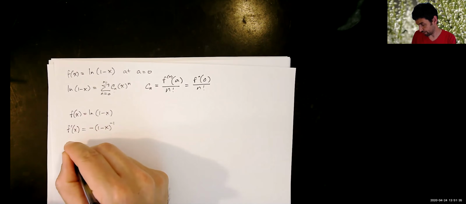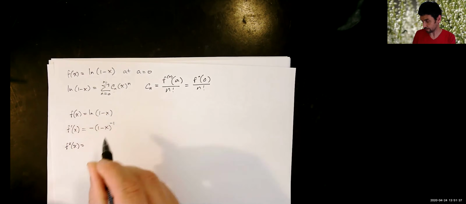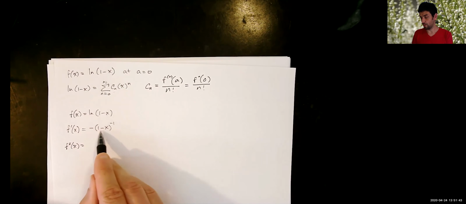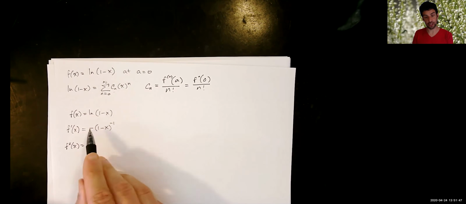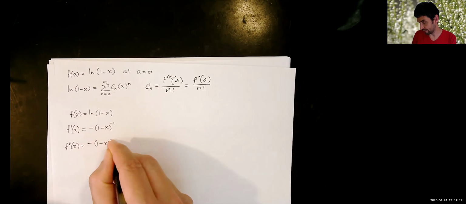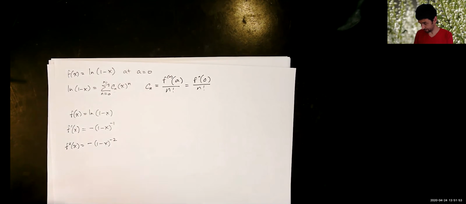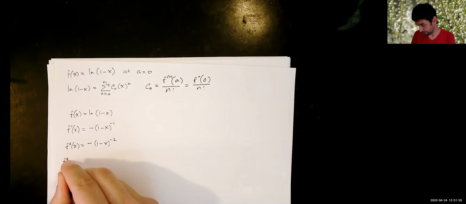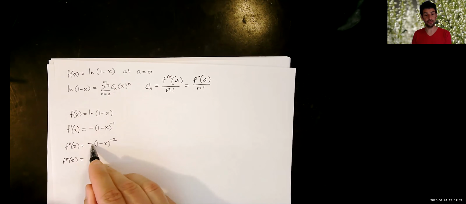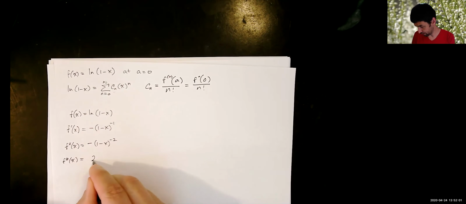So let's do the second derivative. I get a negative 1 coming down front. That makes this positive. I'll get 1 minus x to the negative 2, but then I get a negative from the chain rule in here, making it negative. So now I have negative 1 minus x to the negative 2. The third derivative, my negative 2 comes down and becomes positive.